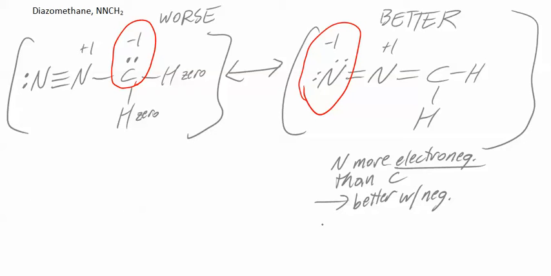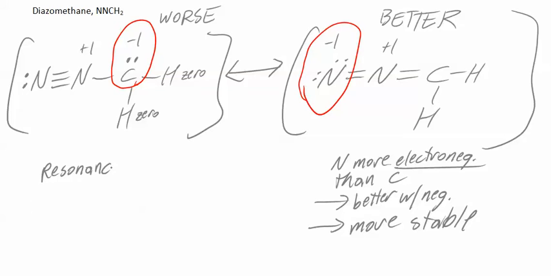Another way to say better is, of course, more stable, or lower in energy. And if it's more stable, that means that these aren't going to contribute 50-50 to the resonance hybrid.